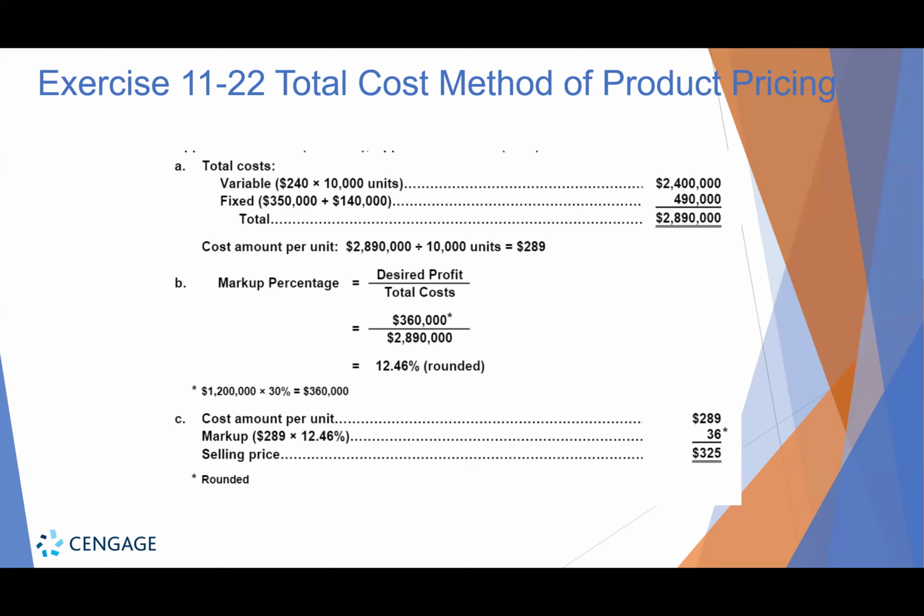Then, if we know our profit is going to be based on assets of 1,200,000 and we want a 30% rate of return, then 360,000 needs to be our profit. We divide that by our total cost. That means we're going to have to mark up each cost 12.46%. So our selling price would be $325 per unit.